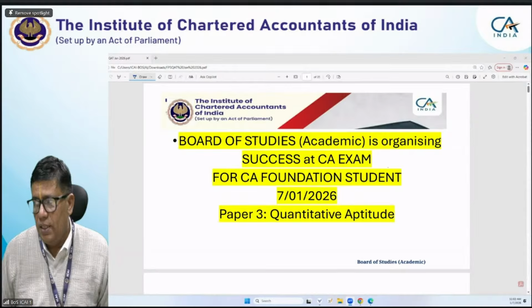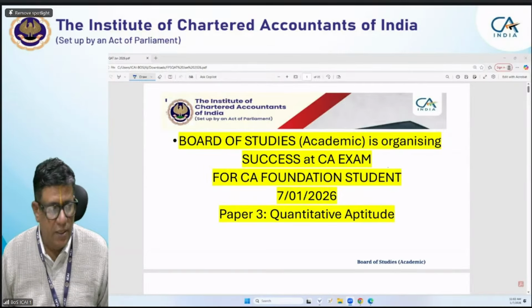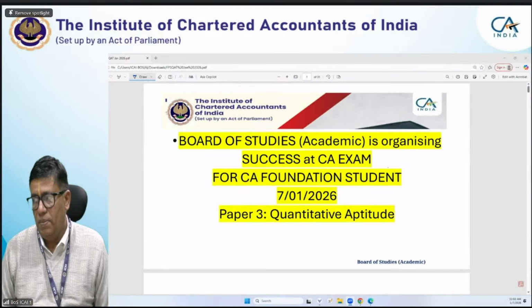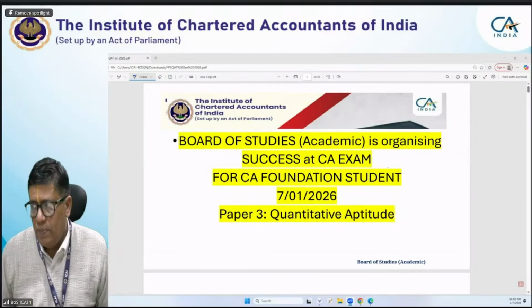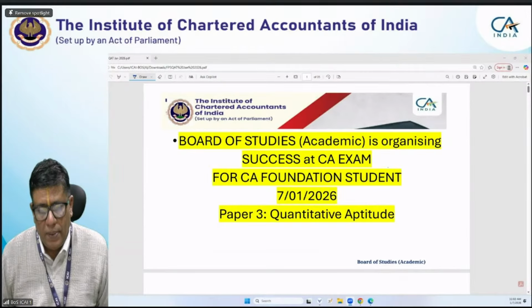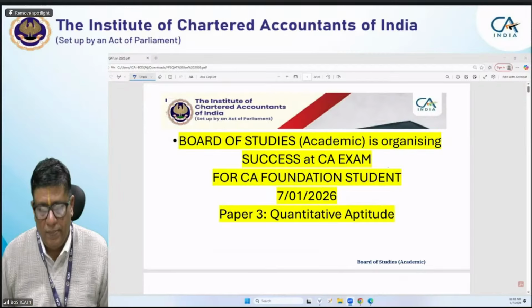That is, 40 is to 20 is to 40 is the ratio for this examination. And overall this paper is an objective type paper, and it is a 2 hours examination.